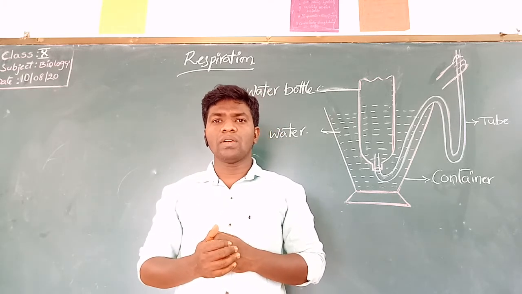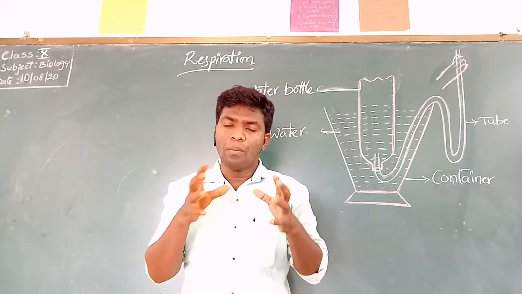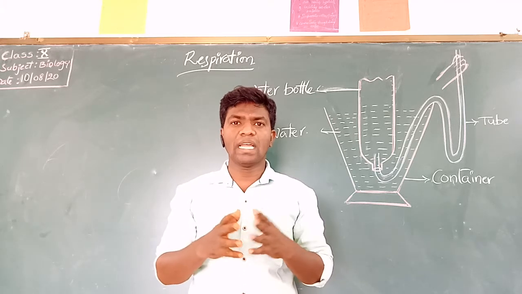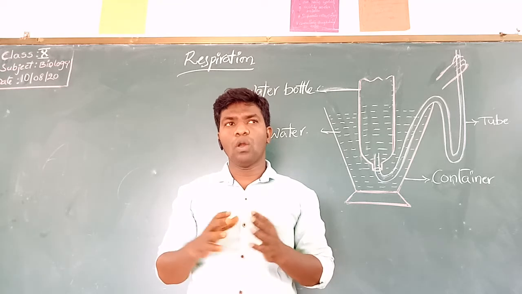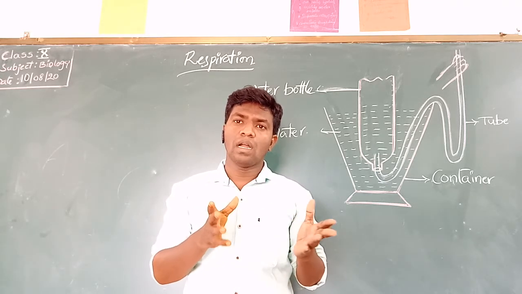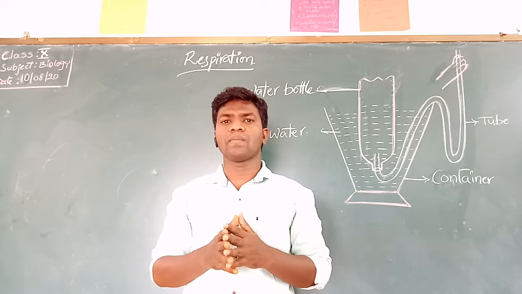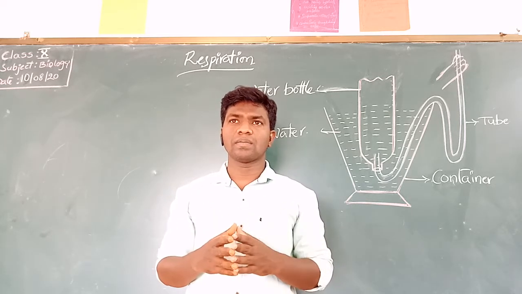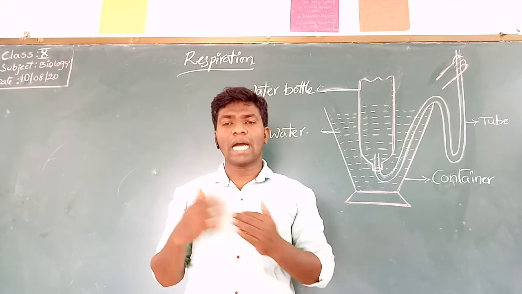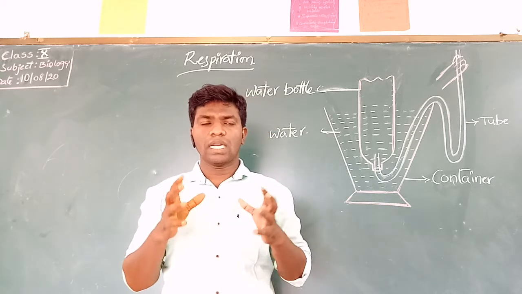Generally, glucose and fatty acids are the major substances used for energy production in all living organisms, plants, animals and microorganisms. You know already that oxidation of food materials, especially glucose and fatty acids, to carbon dioxide and water is called respiration.